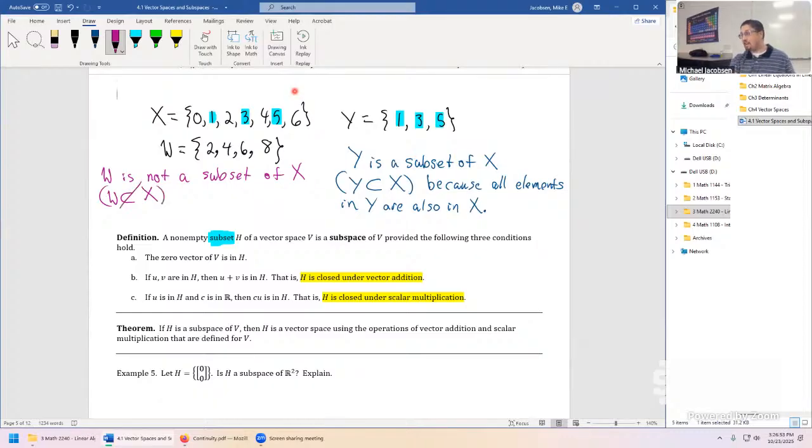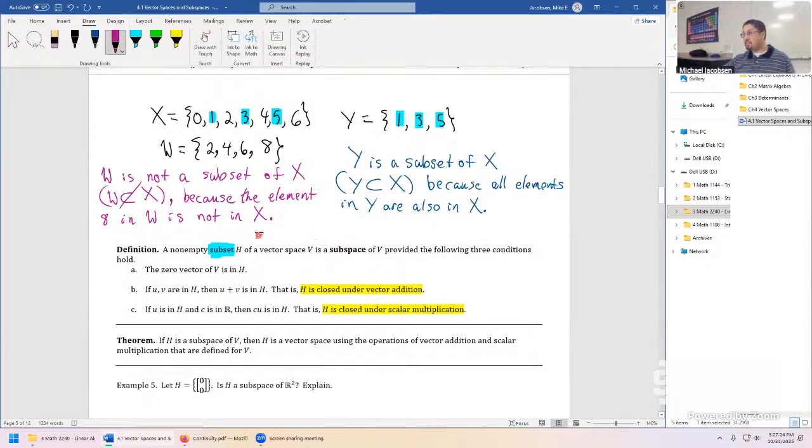Now you're saying it's not a subset of X because the element 8 in W is not in X. There's lots of weird things you can discuss when it comes to subsets, but this is the main meat of it. To have a true subset, every single element in H is also in the vector space V itself. It's not the entire vector space necessarily, but it's just a smaller version.